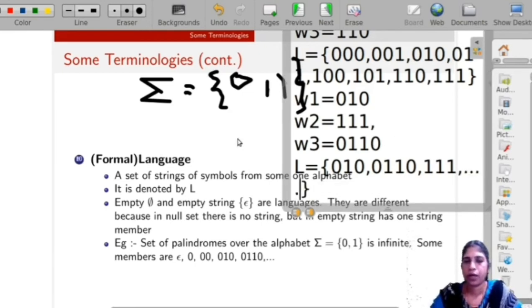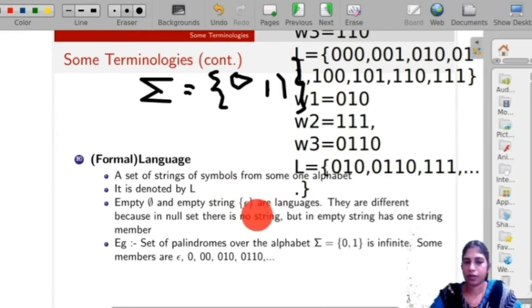Then the empty set and the empty string are languages, but they are different. Empty set means null set. This one is the null set or empty set, and this one is the empty string. Empty set means there is no string in the set.